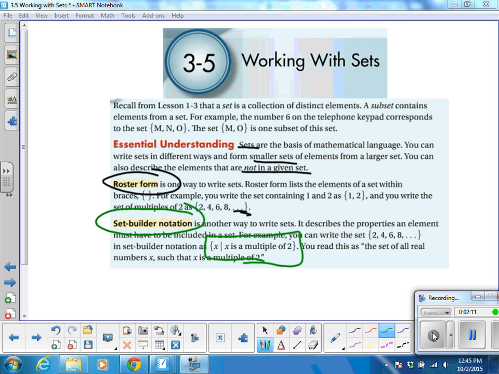You would read it as: the set of all real numbers x such that, and here's your such that line, x is a multiple of 2.